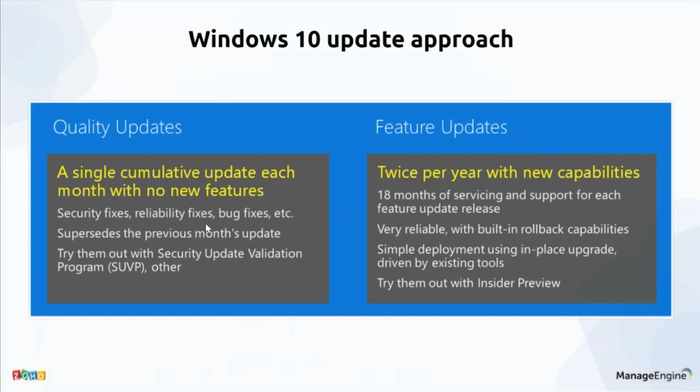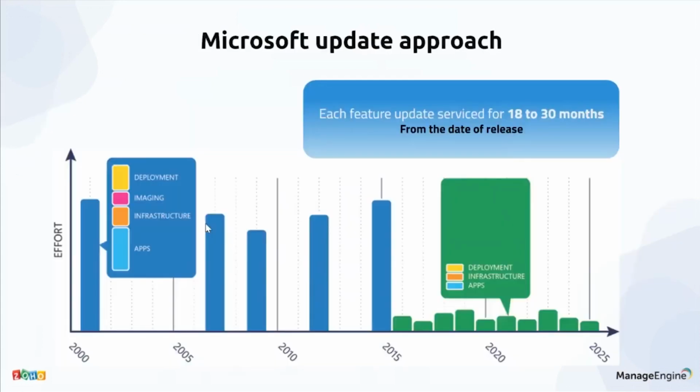Cumulative updates include both the security and reliability updates bundled together, and these are used to address new security issues. They also include the updates that were released in the past. Feature packs are released twice a year and they come with new features. Each feature pack is serviced for a period of 18 to 30 months.